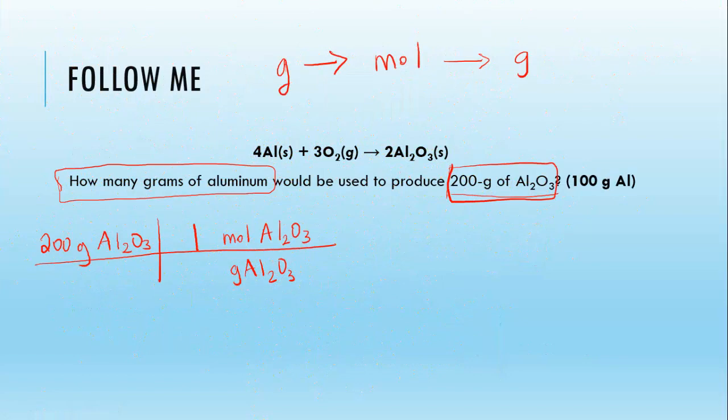The mass of this should be 102.0 grams. Remember, we used the periodic table to calculate the molar mass. So I added up 2 aluminums and 3 oxygens. Okay, that cancels. And if I stop right now, I'm left with moles of Al2O3. Well, that's not what it asked for. So I'm not done.